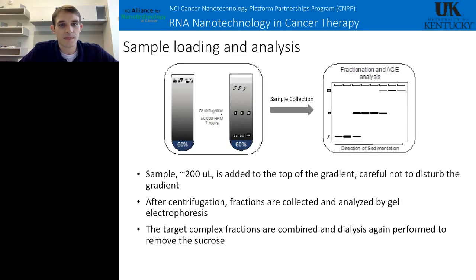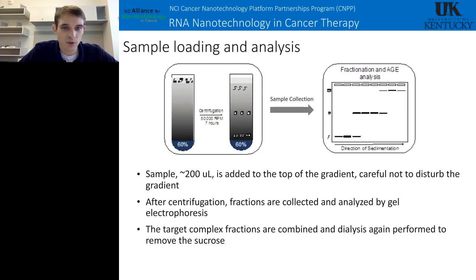So then the sample loading of this is different than the cesium chloride one. For the cesium chloride gradient, you loaded your sample into the actual gradient. But for the rate-zonal, you actually preform your gradient and then load your sample on top. And I have a schematic here on the left.